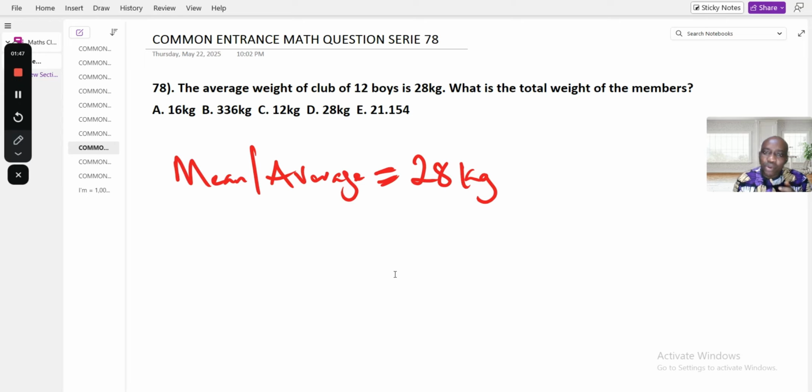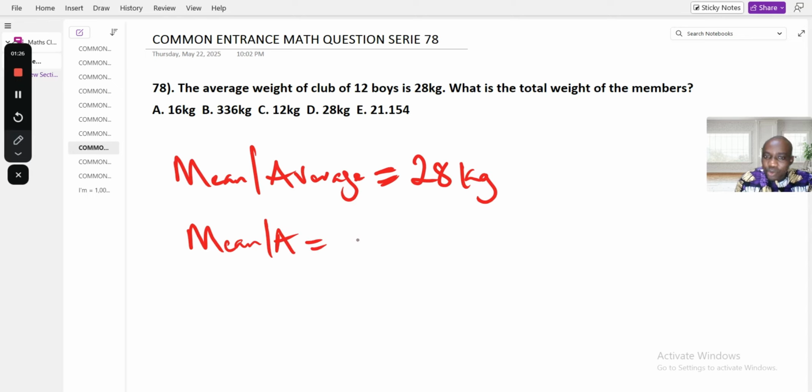Therefore, for one boy, for their average to be 28 kilogram, you are going to multiply by 12. It's going to give you the answer. Let me demonstrate it. This is a mean, like average.